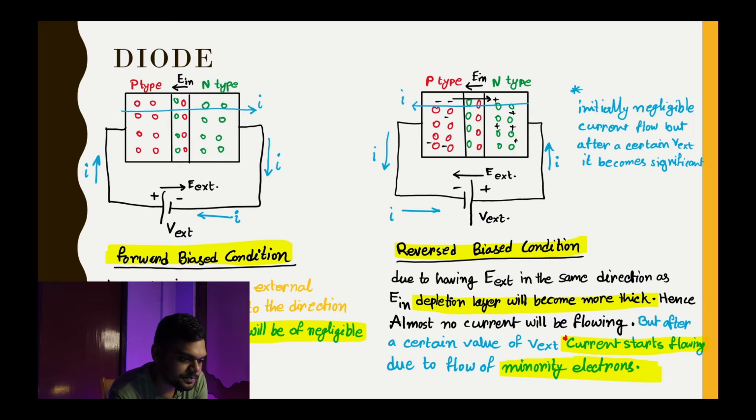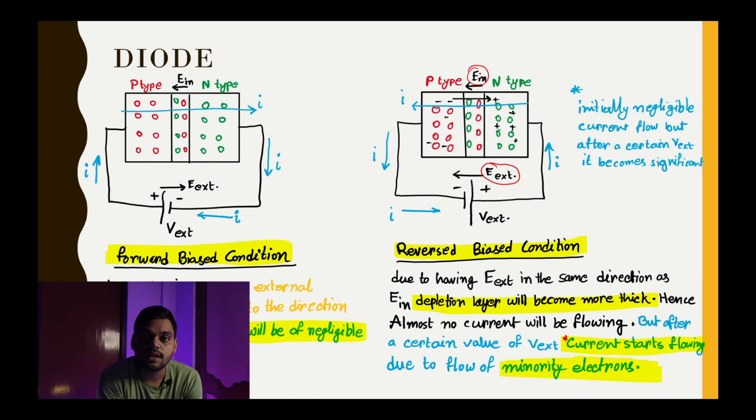Okay, let's see. So yeah, in this case we will have E external, that is the external electric field due to the battery, and E internal, that is the internal electric field in that diode. Both will be in the same direction.